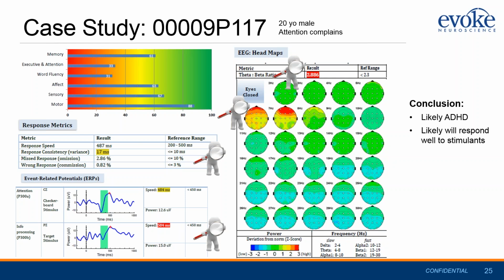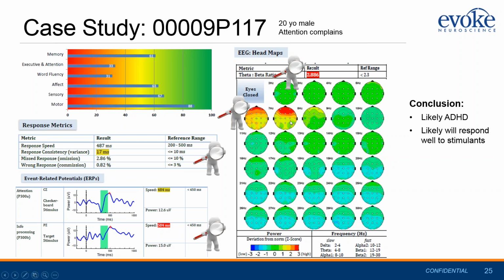Now, let's talk for a second about why stimulants might help this patient. They have too much of this slow wave activity, right? So stimulants are going to perk the brain up into creating more of their resting state and even active brainwave activity. Stimulant use is a little counterintuitive.